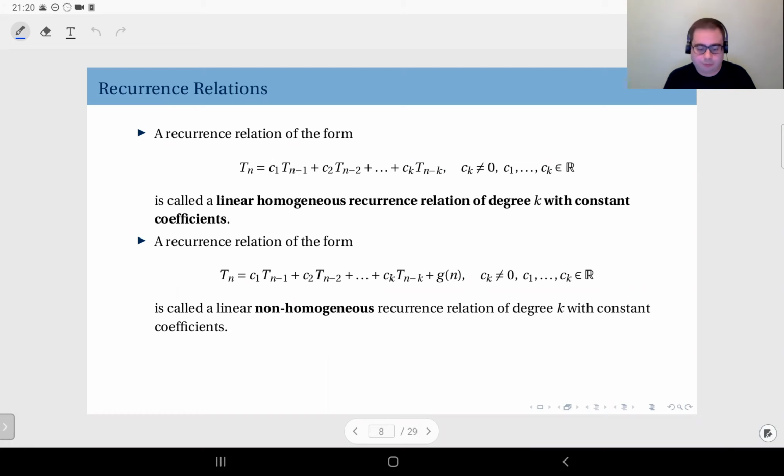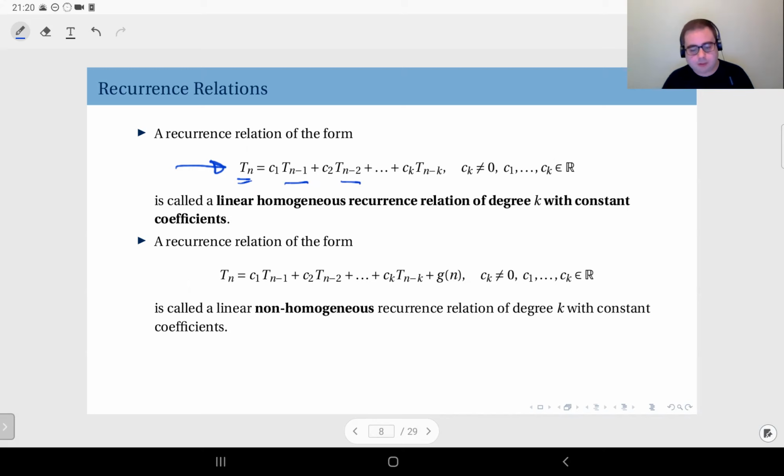You see, this is the general expression that represents a linear homogeneous recurrence relation of degree k with constant coefficients. Now, it's linear because the terms Tn and its earlier values, Tn minus 1, Tn minus 2, etc., appear just as they are.